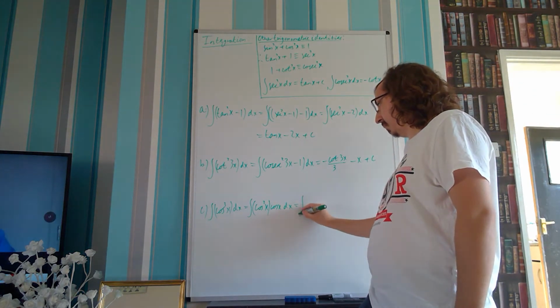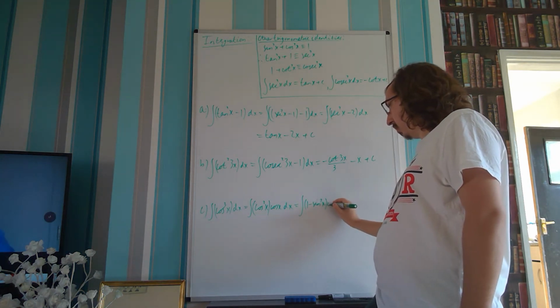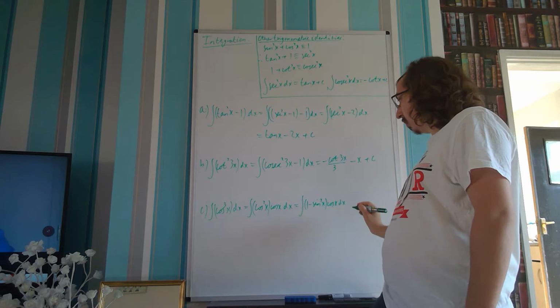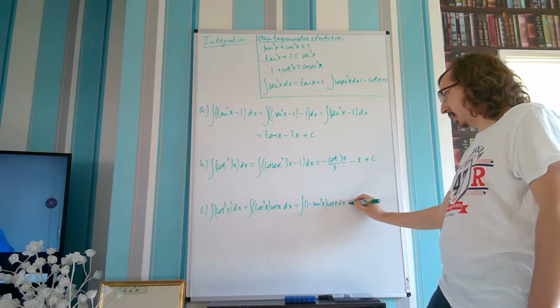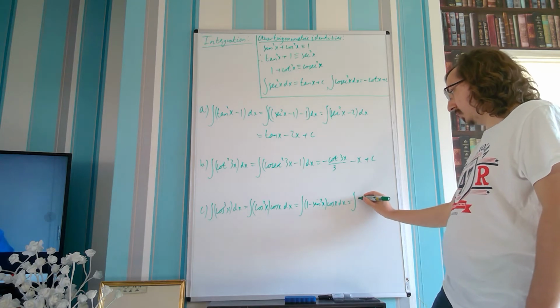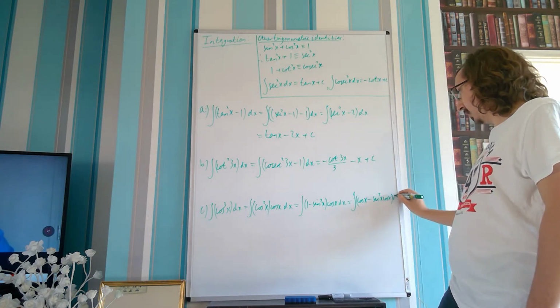So let's do that. Well, we don't like these brackets, so let's expand this. So really we've got the integral of cos x minus sine squared x cos x.